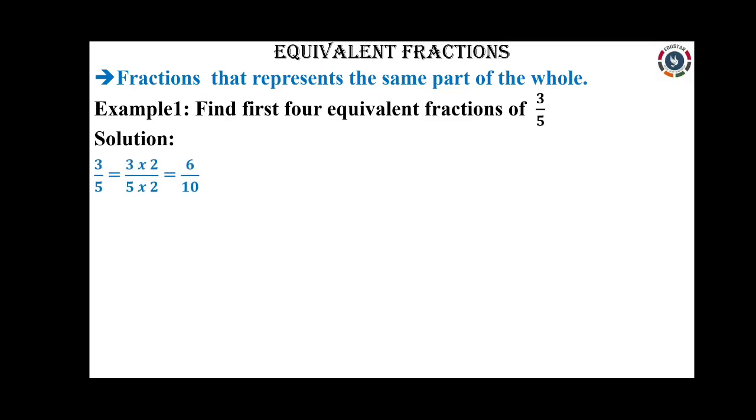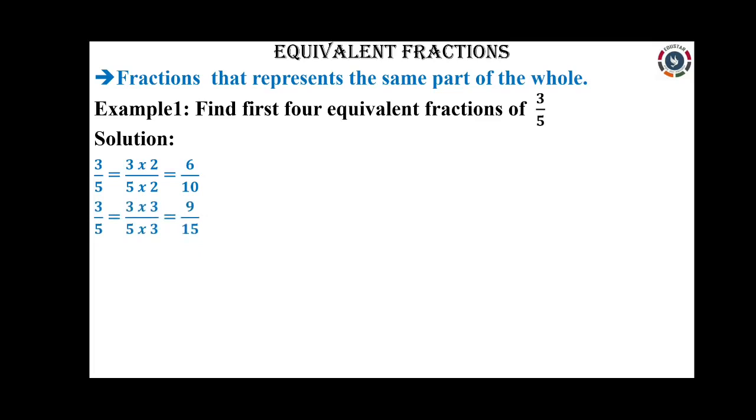First multiply the numerator and the denominator with 2. 3 by 5 is equal to 3 into 2 by 5 into 2. 3 2s are 6, 5 2s are 10. 6 by 10. So the fraction 6 by 10 is equal to 3 by 5.